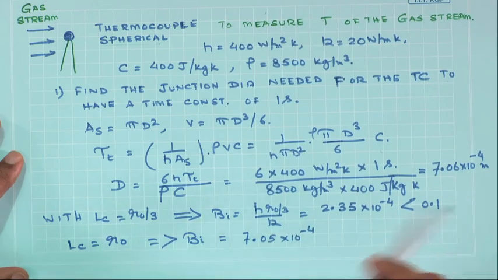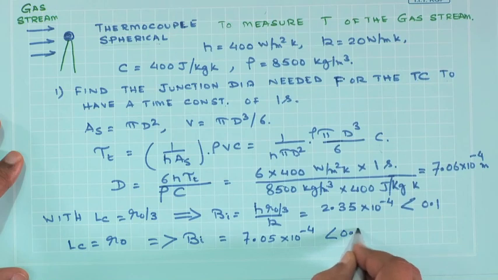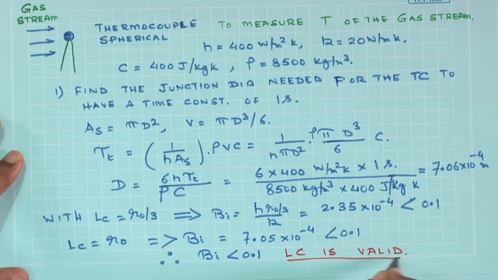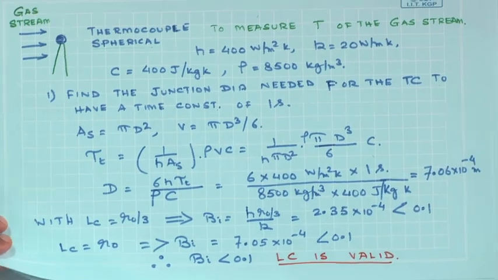So, in both cases you can see that the value of the Biot number is less than 0.1, and once that happens, you know that the lumped capacitance model is valid. So, once it is valid, whatever you have done over here is correct.